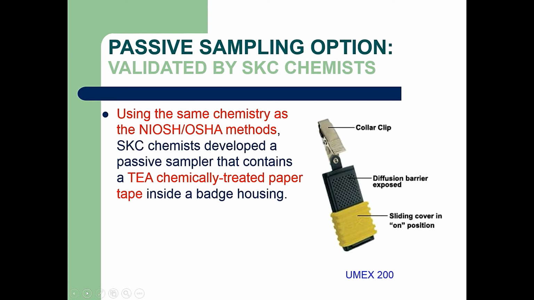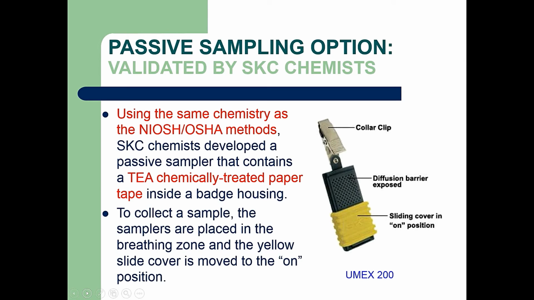Using this same chemistry as these existing active methods, SKC research chemists developed a passive sampler that contains a TEA chemically treated paper tape inside a badge housing. The SKC UMEX 200 has a section of tape that is exposed to the air contaminant mixture and an unexposed section of tape that can serve as a blank or a correction layer.